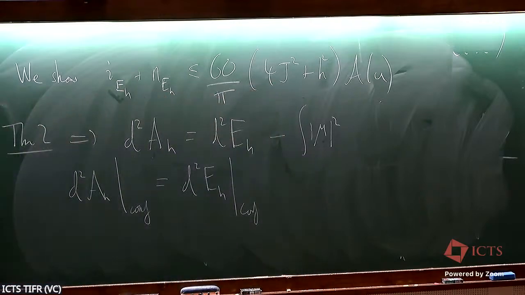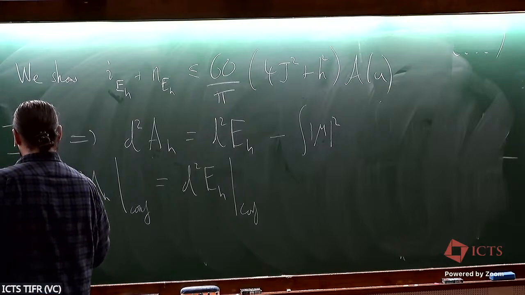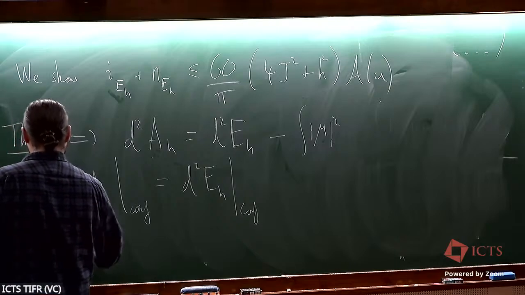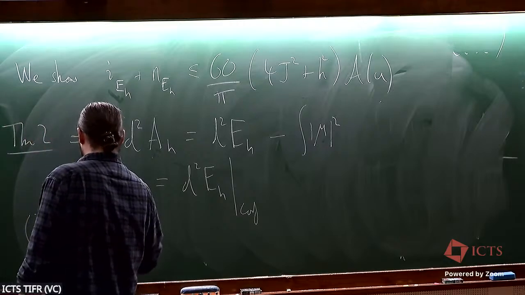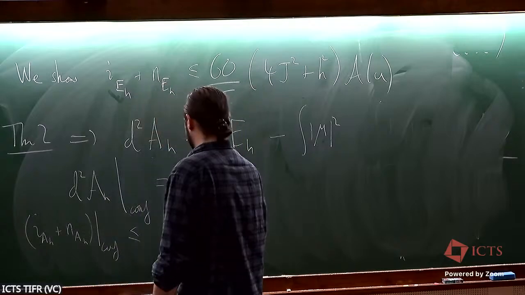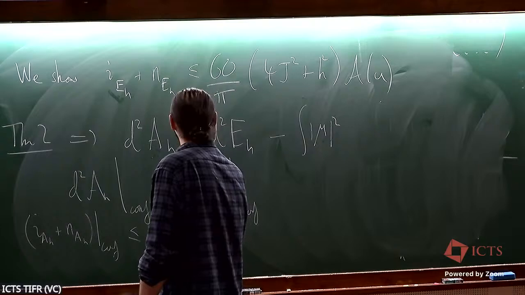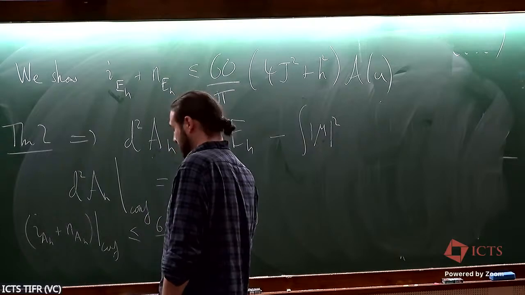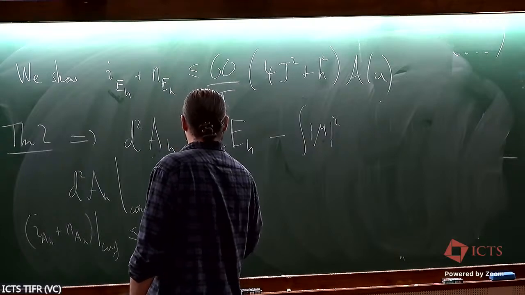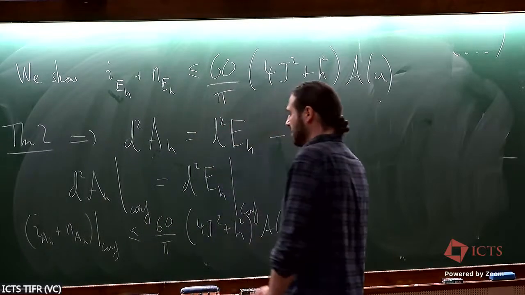So if I first estimate the index of AH plus the nullity of AH restricted to variations which don't move the conformal class, it is bounded by this quantity. But what's left?